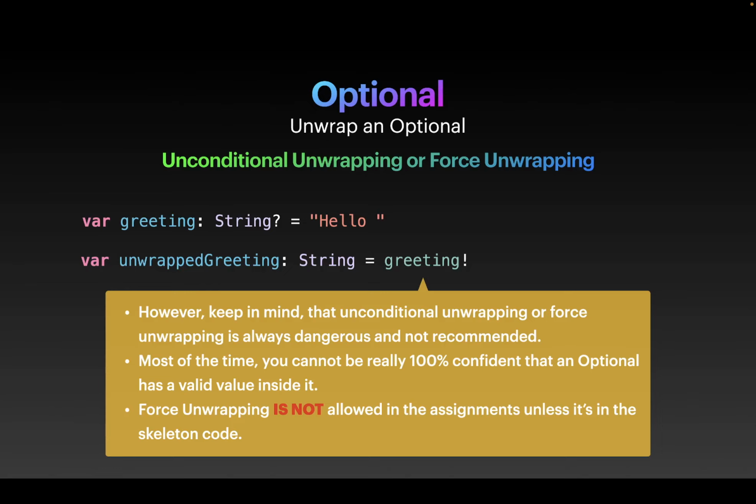Most of the time, you cannot be 100% sure of the assumption that some optional variable always has data. It's marked as optional, so maybe in some cases it can be nil. And forced unwrapping is not allowed in any assignments, unless it appears in the skeleton code.